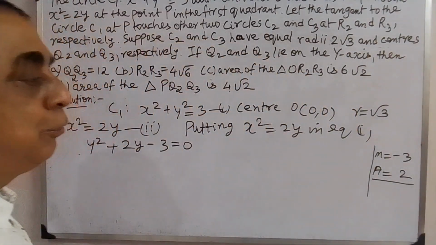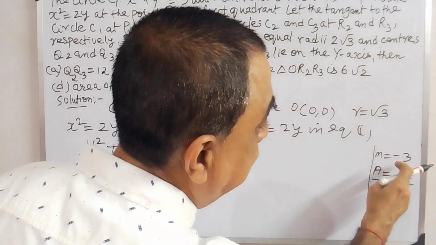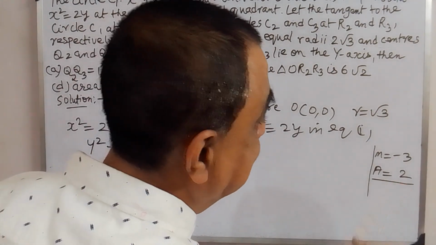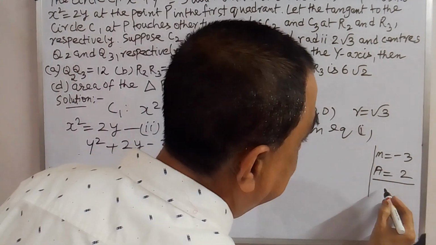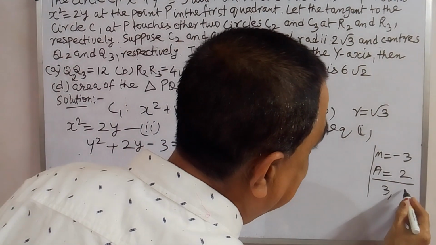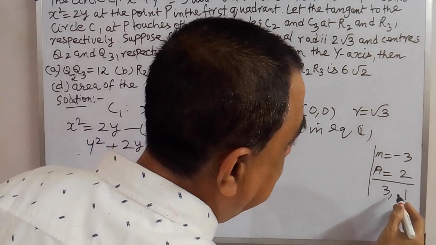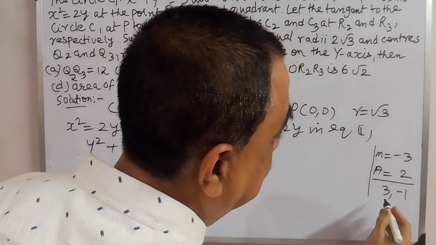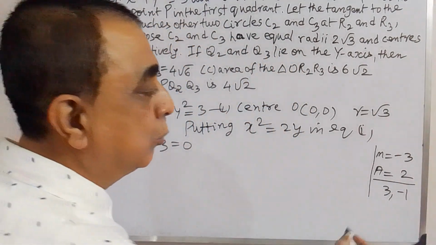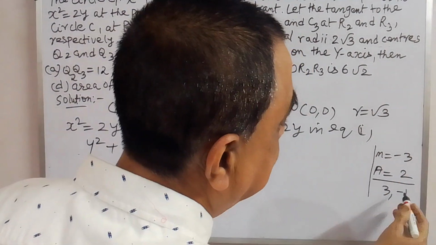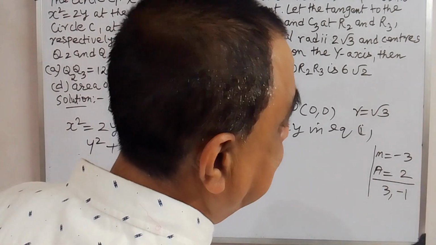Now find two numbers which on multiplying give minus 3 and on adding give plus 2. These two numbers are 3 and 1. Since the addition is plus 2, 3 will be the bigger number, plus 3, and the smaller will be minus 1. Checking, plus 3 into minus 1 is minus 3.